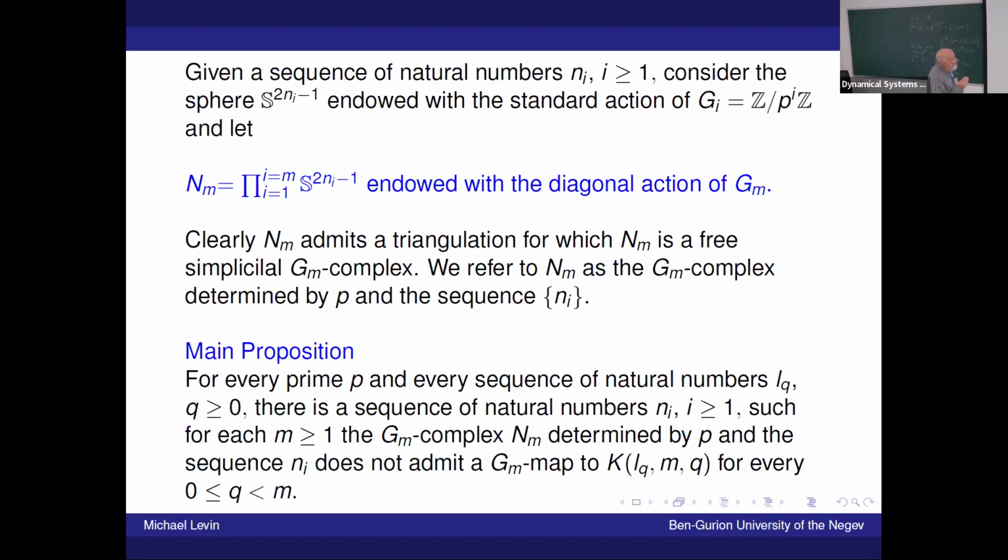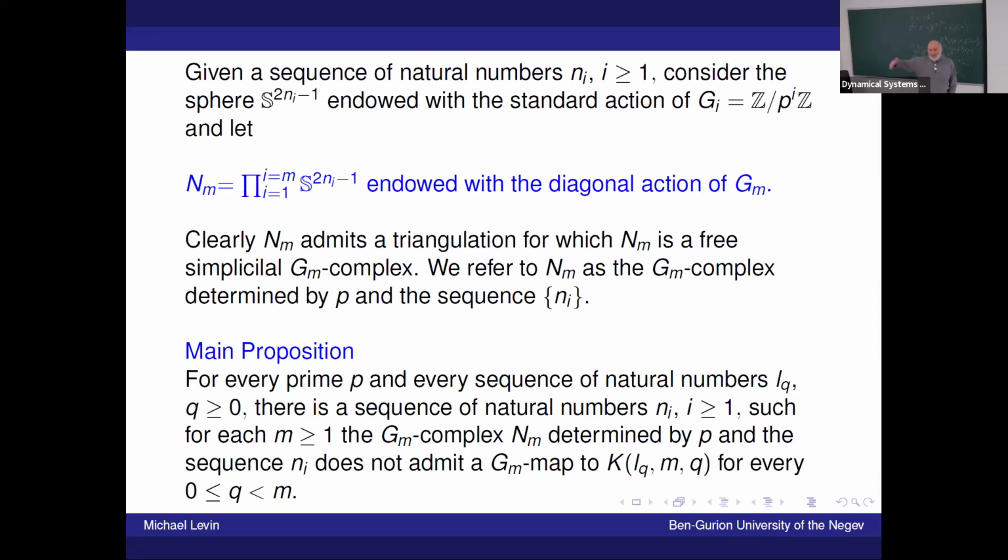So for a sequence of natural numbers n_i, we consider the product of the initial portion of the sequence from i equal to 1 to L of the spheres. Each sphere is considered with the action of the cyclic group, and we consider this product with the diagonal action of G_m.